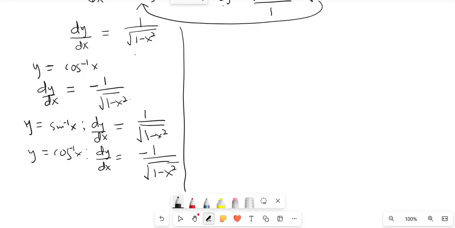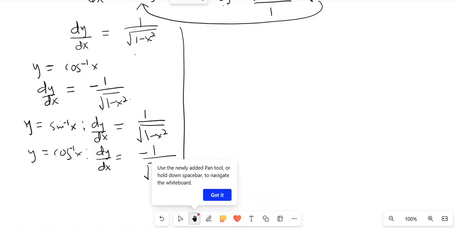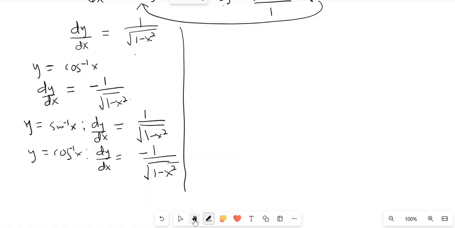So these are the two derivative functions in terms of x for cosine inverse of x and sine inverse of x. Now let's talk about tan inverse, that is tangent.